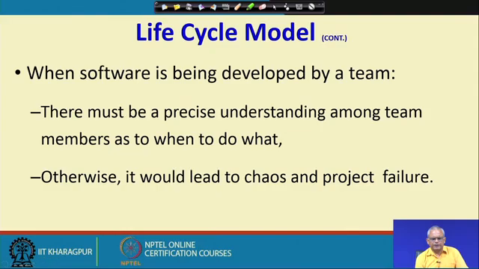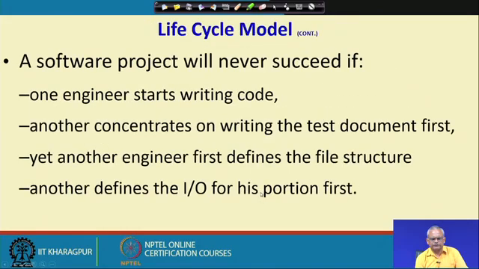In team development, there must be a precise understanding among the team members of who will do what, when, what is expected from a team member, who will supply that and so on. Without such a disciplined life cycle model, there can be chaos and project failure.